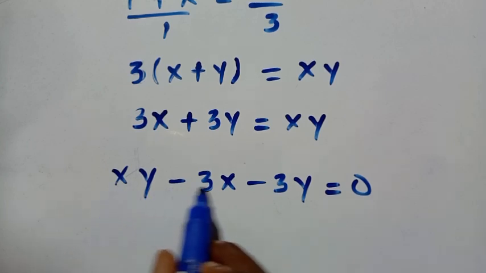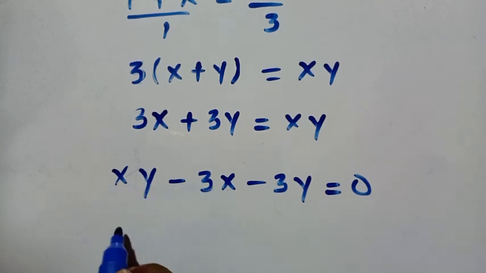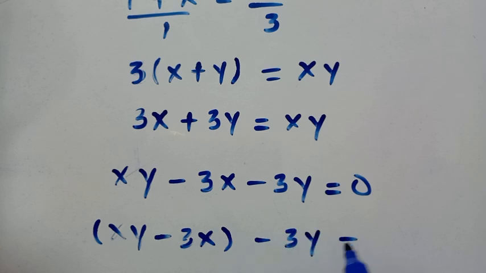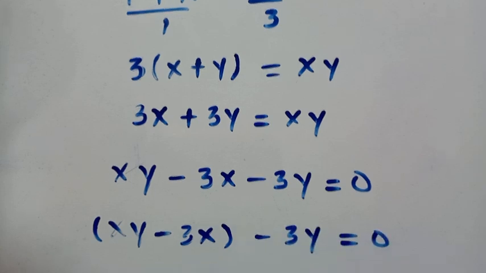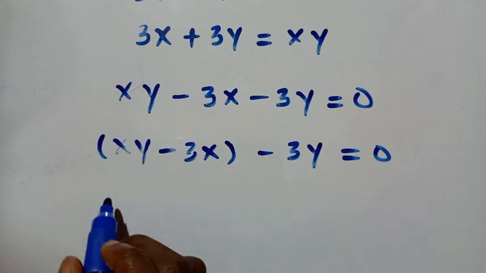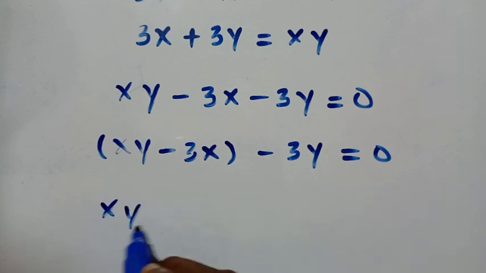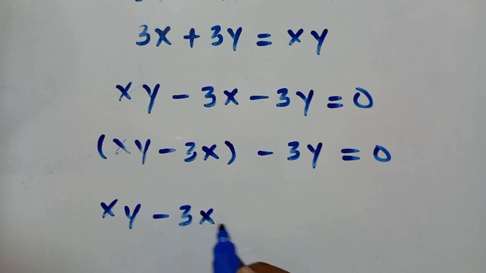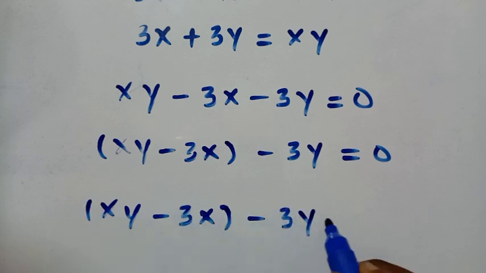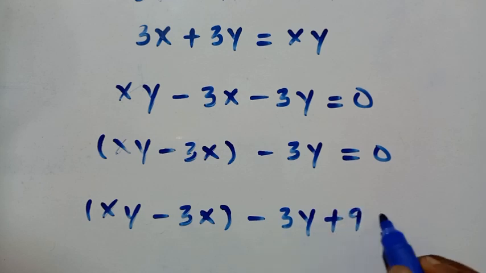Then let's group xy minus 3x, then here is minus 3y equals 0. Suppose I add 9 to both sides. Here we have xy minus 3x, then minus 3y plus 9 equals 9.